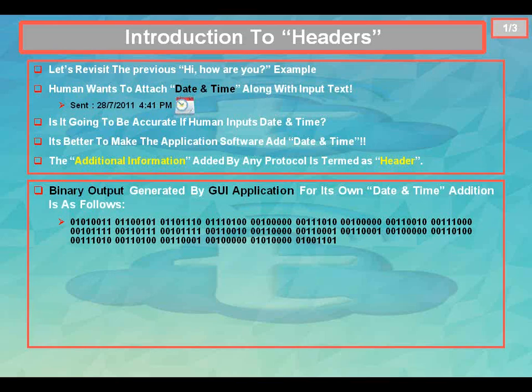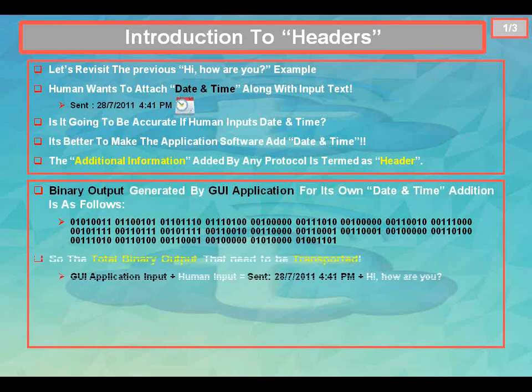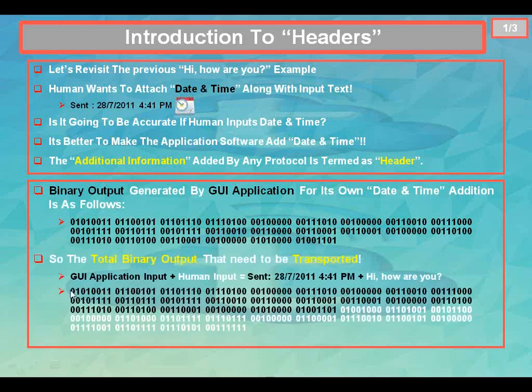The receiving application must be able to understand how much is the header and how much is human input. It must be able to divide that. That means there must be some rules for the header. If there are no rules for the header, the receiver can't understand, out of the total binary data sent, how much is the header attached by the application and how much is the human input.